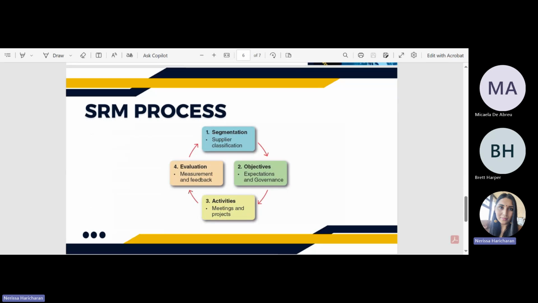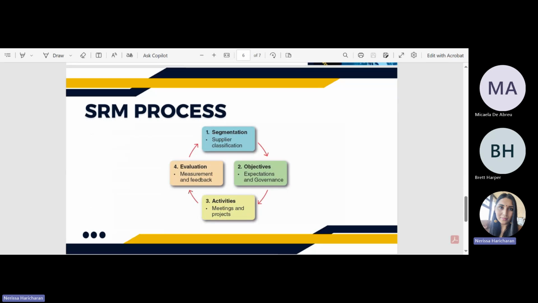So you want to have some sort of structure in place where you can use different KPIs or different criteria that you set out from the time a supplier starts to the termination of their contract. So you want to understand what the risk is with their business, how much value they create for you, are they saving you money from a cost perspective, or are they charging you more and still costing you as a byproduct?